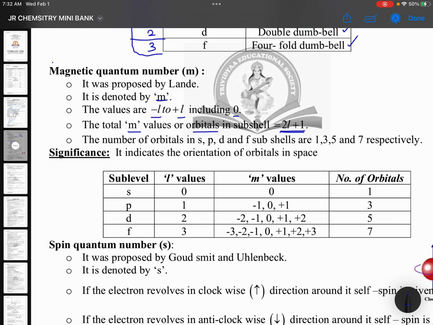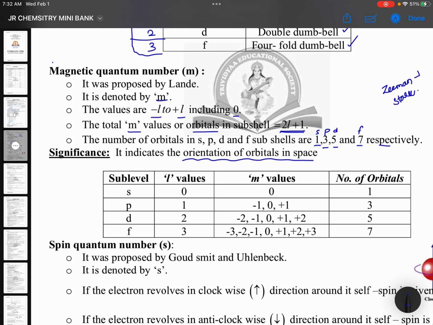The number of orbitals in s, p, d, f subshells are 1, 3, 5 and 7 respectively. That means s orbital 1, p orbital 3, d orbital 5 and f orbital 7. The significance of the magnetic quantum number is that it indicates the orientation of orbitals in space, and it even explains the Zeeman effect and Stark effect. This point also you can add.